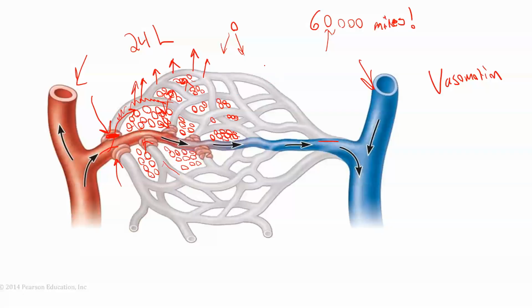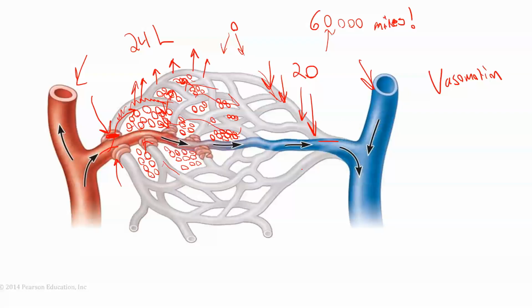Well, on the other side of the capillary bed, towards the venous side, if you were to tally up all the fluid that's reclaimed, it's about 20 liters. So there's this cool washing of fluid, this microcirculation that's bathing the cells. The fluid comes out of the vessels, passes through the capillary beds, passes through the cells, and then returns back into the tube so it can make its way back to the heart.